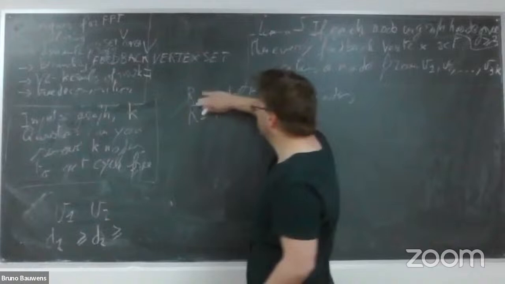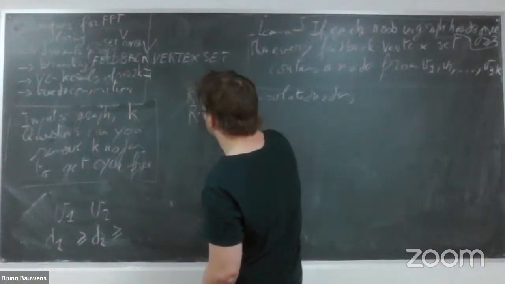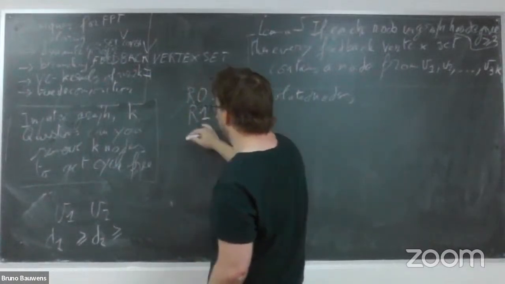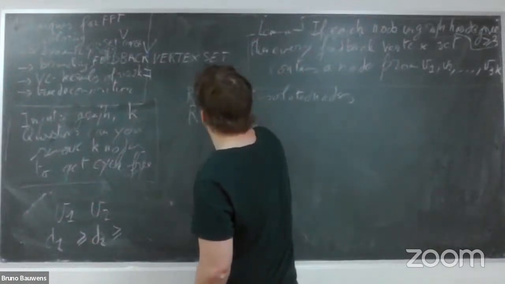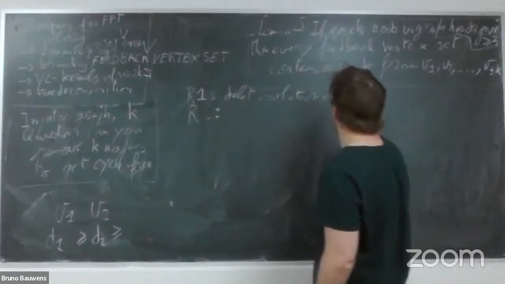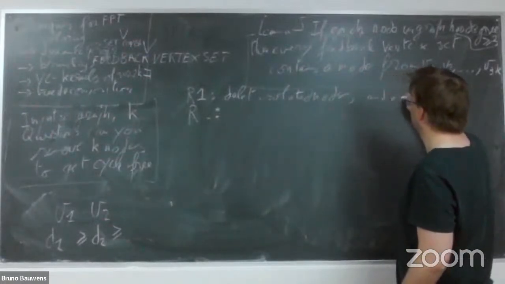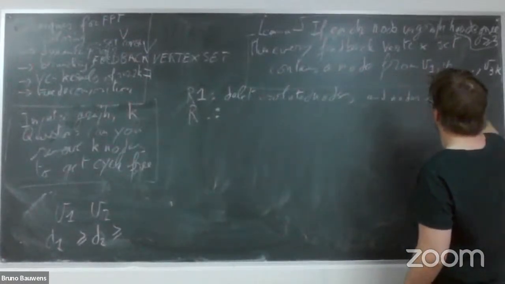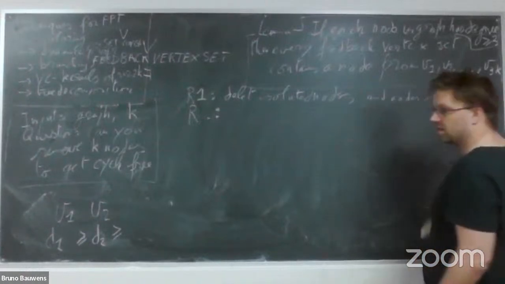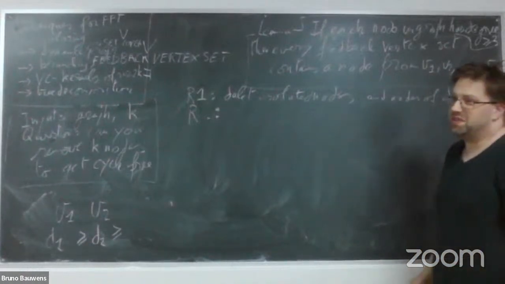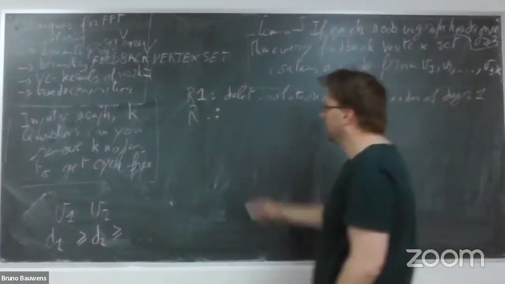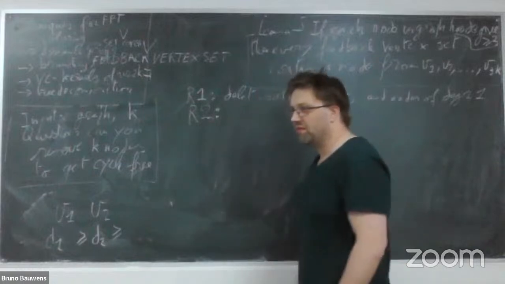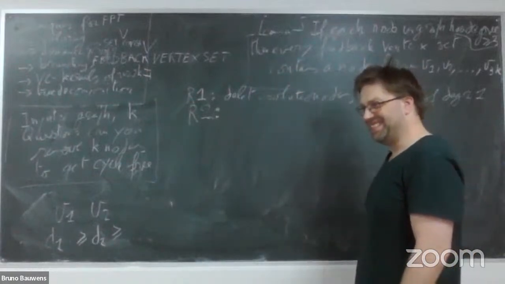Let's call it 0 because the degree is 0. We can merge this: delete isolated nodes and nodes of degree 1. They cannot be in a cycle, so they are irrelevant.